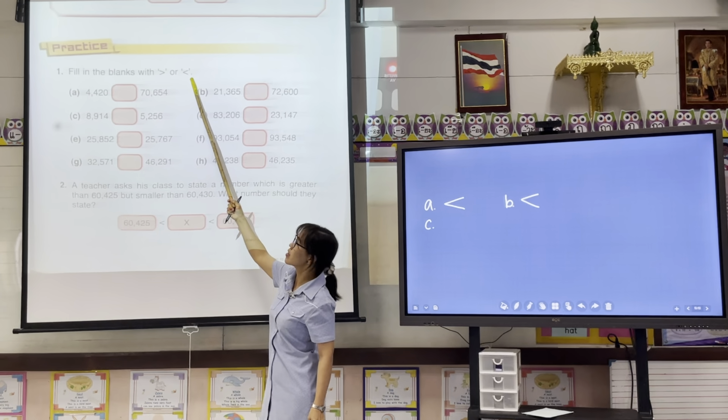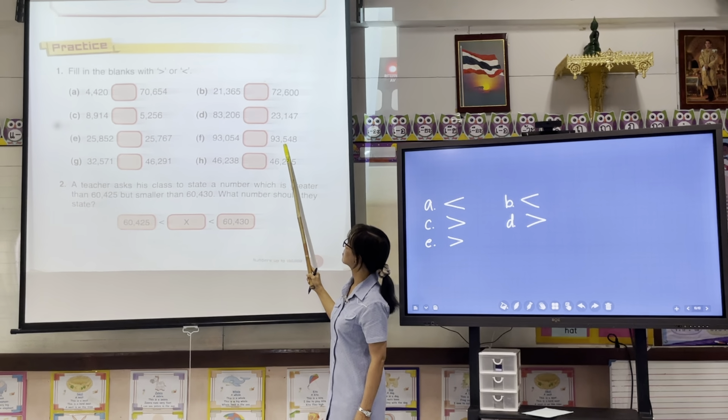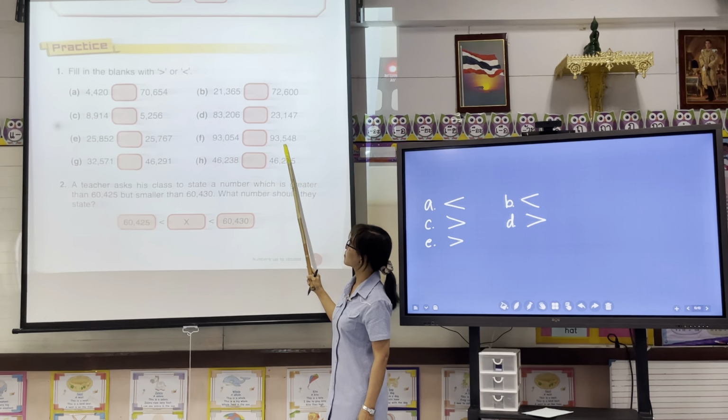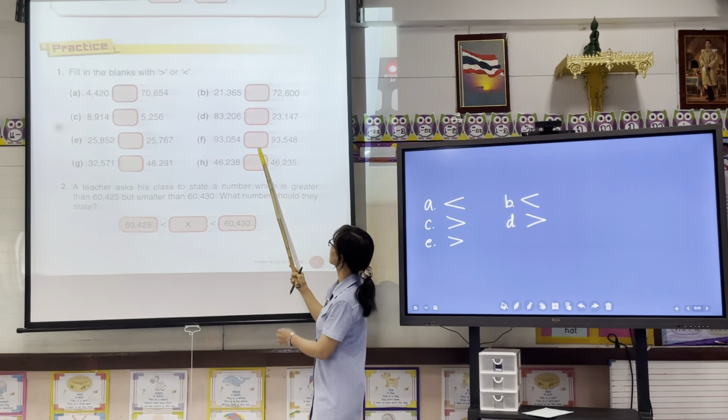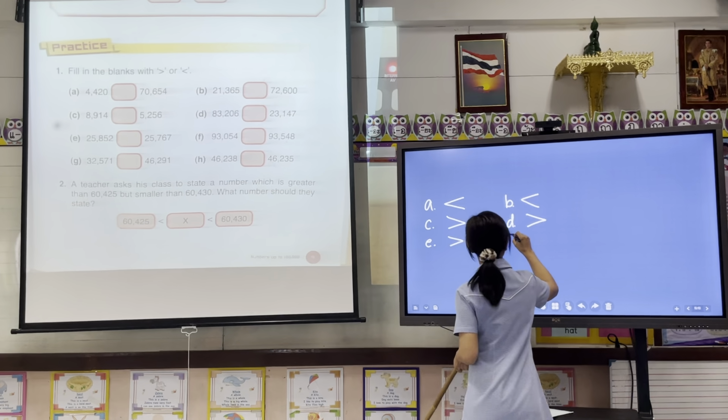So in letter E, greater than. Right? In letter F, again the same digits. Compare 0 and 5. So what is our sign? Is smaller than, right?